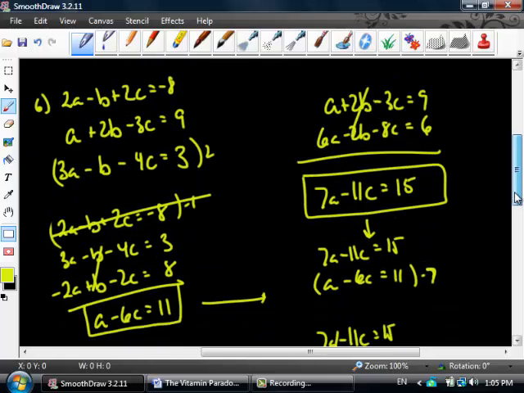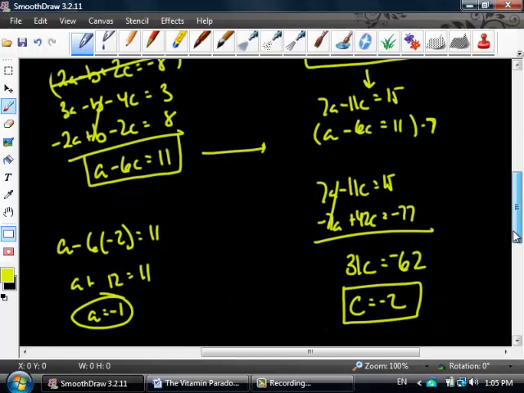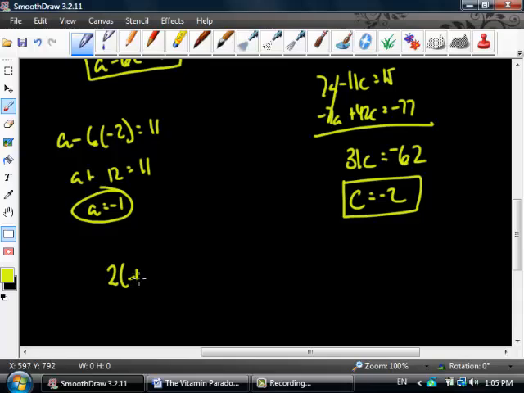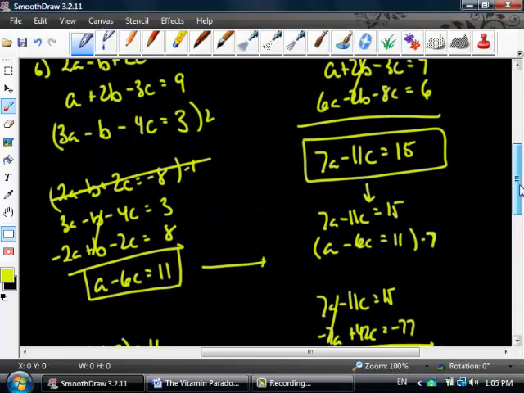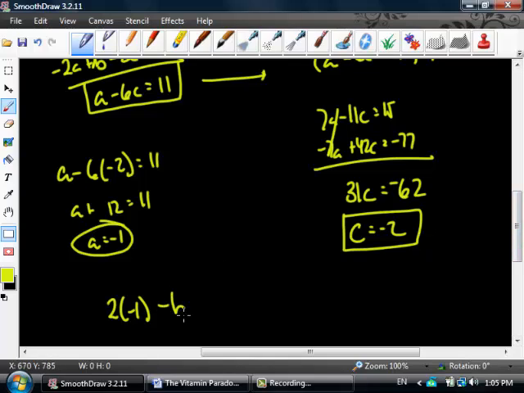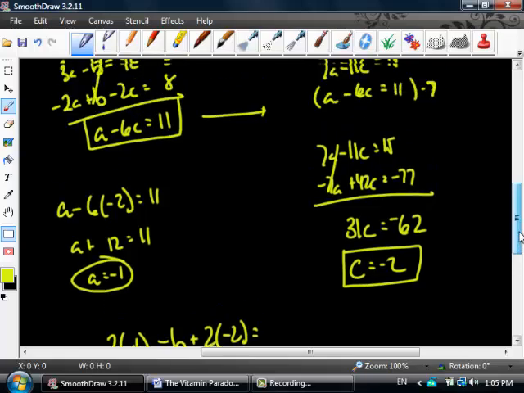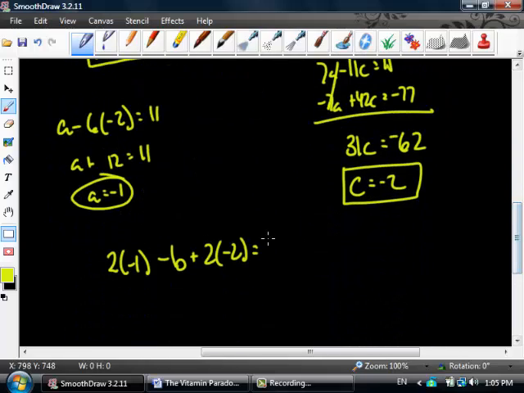And then pump it into the first one. 2 times negative 1. Oh boy. Minus B plus 2C equals, what is it, negative 8? Negative 8. So that's negative 2 minus B minus 4 equals negative 8.